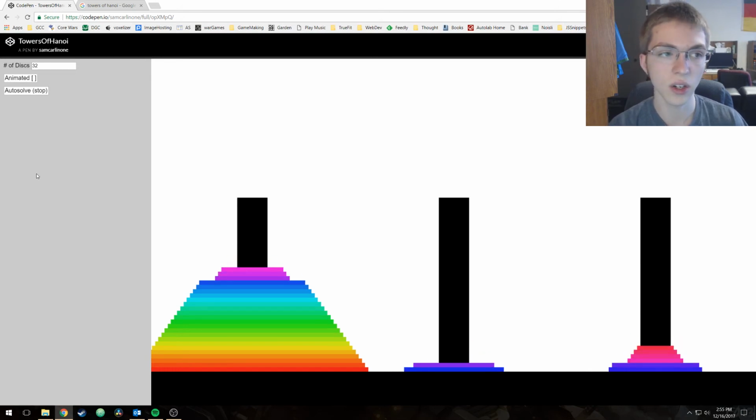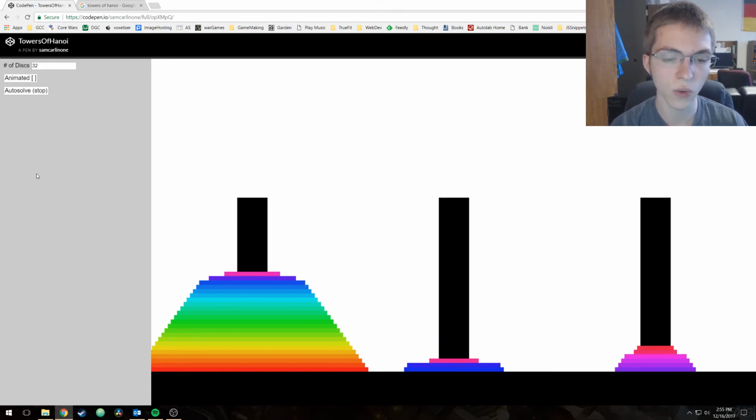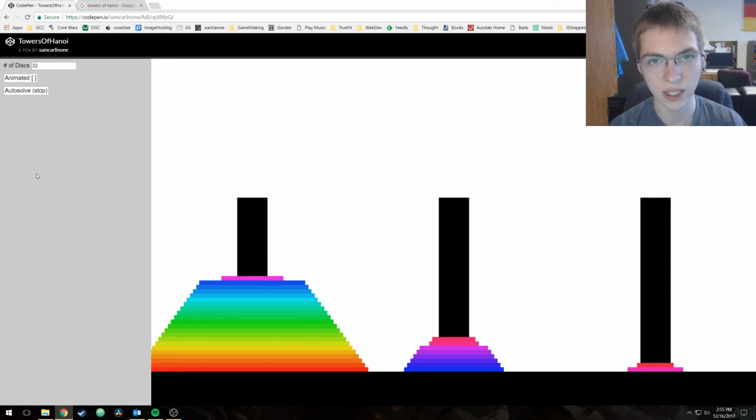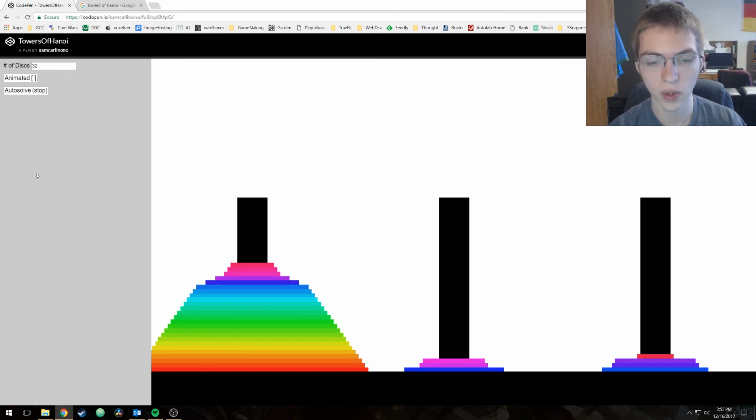But as we can see, our original one only had 5 disks, so we've got about 6 times more disks, but whereas we could sit through me solving the 5-disk one, this is not 6 times longer, this is exponentially longer. So that's an interesting property that this challenge has. I think it's kind of interesting to watch the computer solve it because, yeah, I'm not good at solving it.